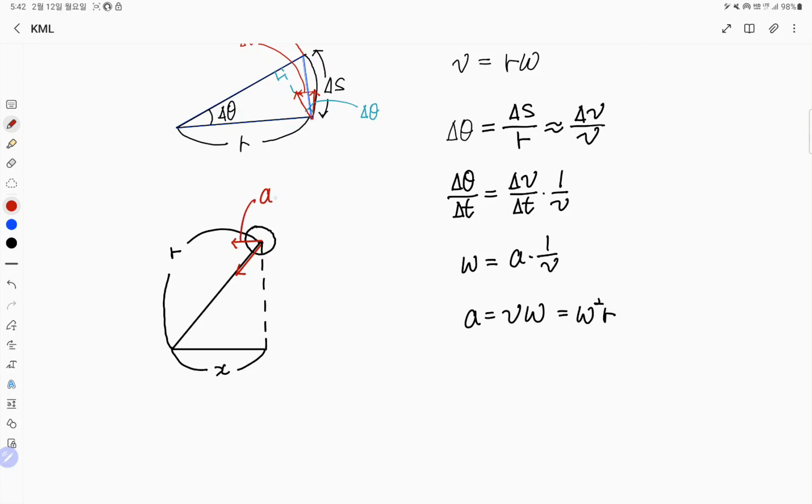Let's say the component is ax, and we can compare this big black triangle and a small red triangle. They are similar.